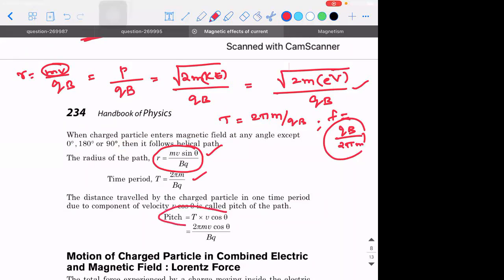And there is a concept called pitch. What is pitch? It is the distance traveled by the charged particle in one time period due to the horizontal component of the velocity, which is v cos theta. So v cos theta multiplied with T will give you the pitch, which is 2 pi m v cos theta, the whole divided by qB.